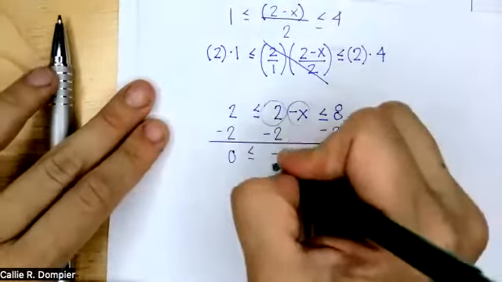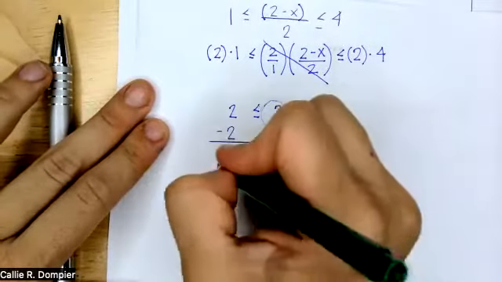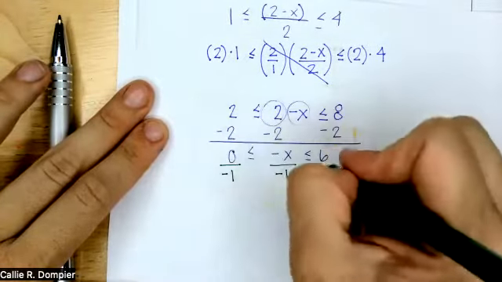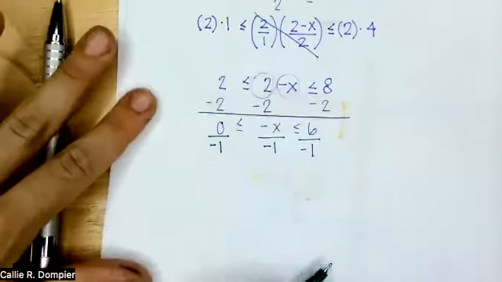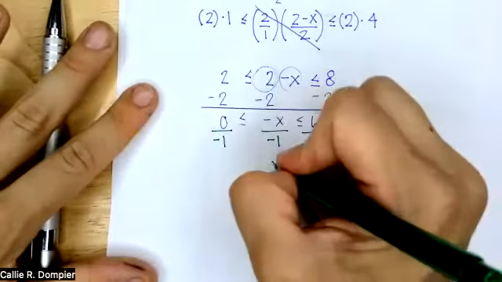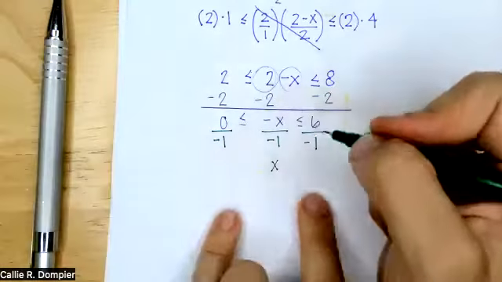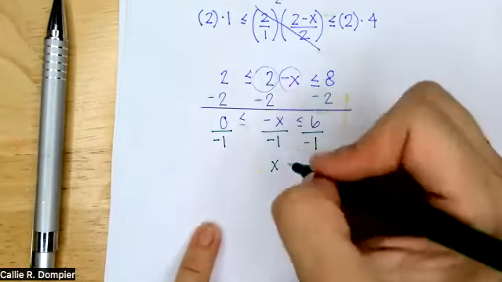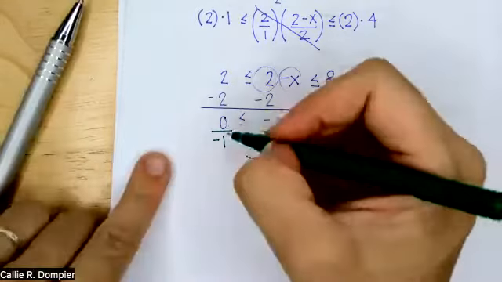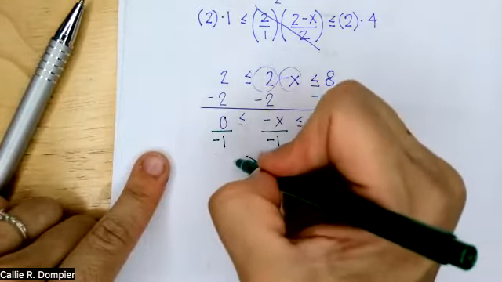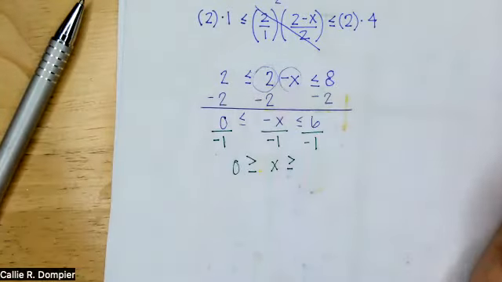I can't use negative x, so I need to divide by negative 1. Anything I do to the middle, I should do to both sides. Good. Negative x divided by negative 1 gives me a regular x, but because I am dividing by a negative, I need to change both of those signs. 0 divided by negative 1 is still 0, okay?